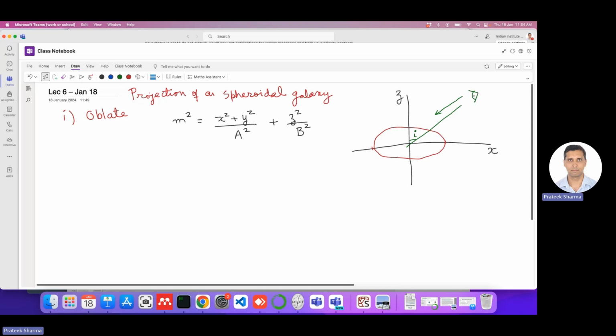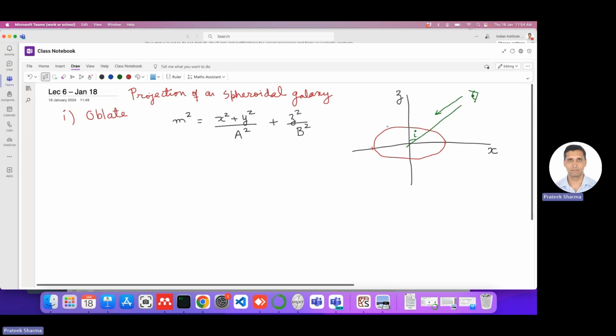We are looking at this angle, and if we have such an oblate thing and we are seeing it from the top, you will just see a circle, right? If you see it from the side, you see an ellipse with major and minor axes, capital A and capital B, right?